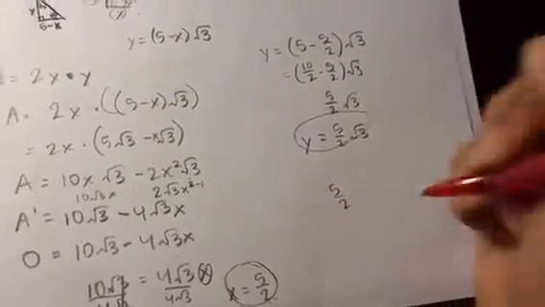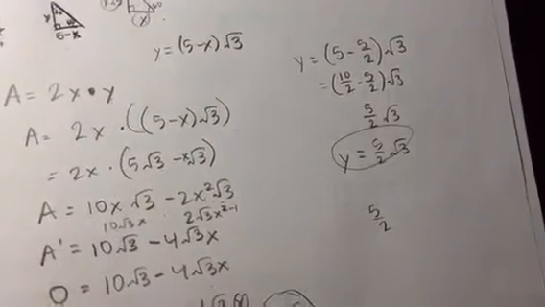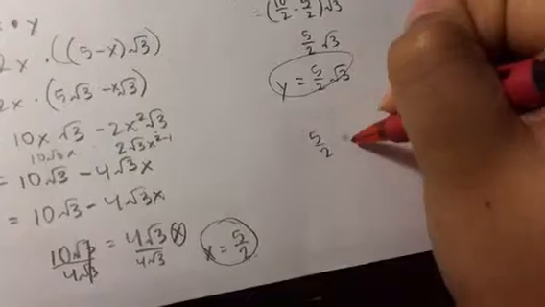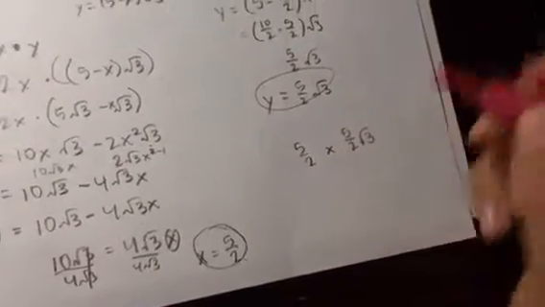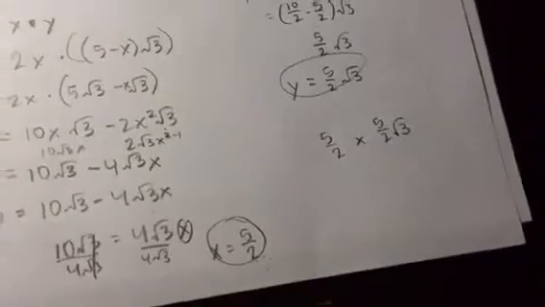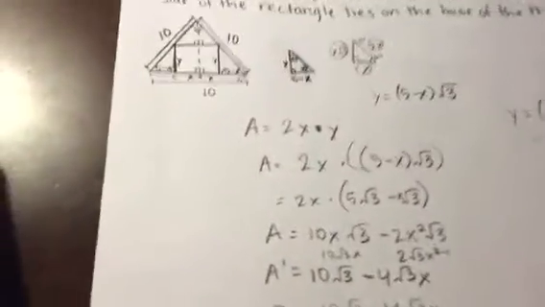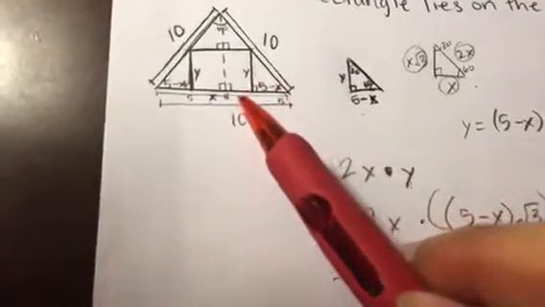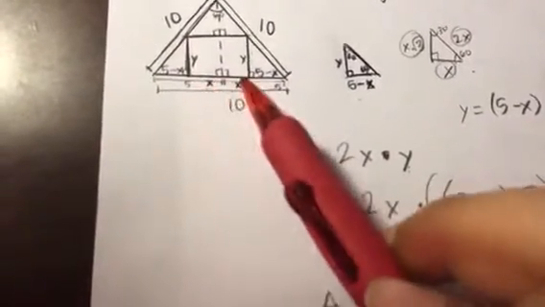So to write it out, you have 5 over 2 by 5 over 2, oh wait, no, because this x, when you go back to your triangle, is just one part of the whole side length.